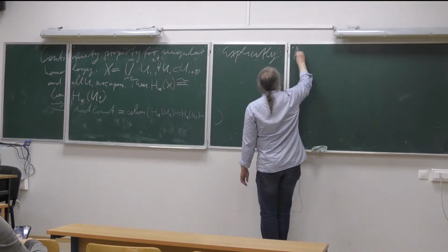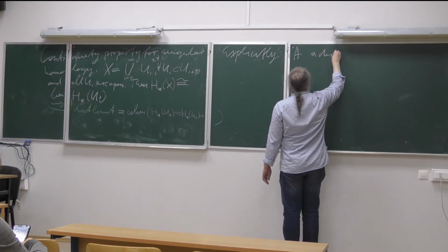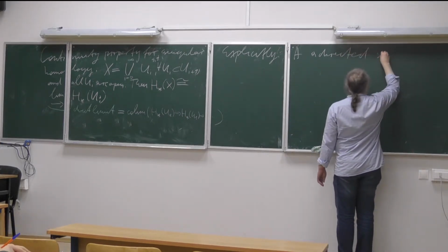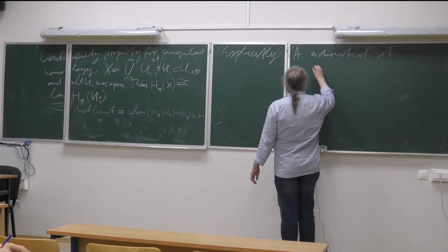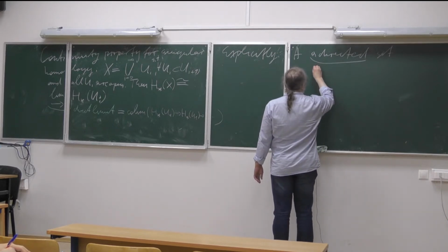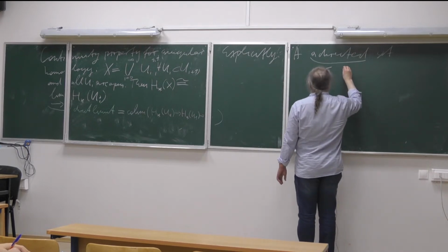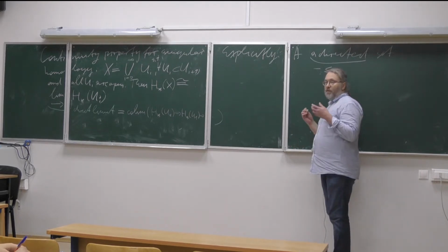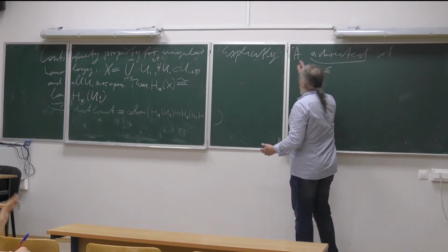Suppose A is a directed set. Now, what does this mean? It means that we have a relation less than or equal on this set.